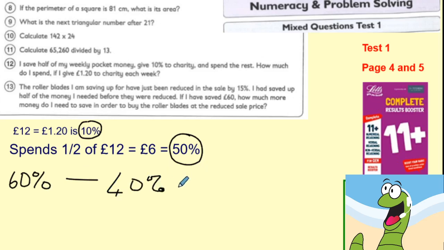So we need 40% of £12, and that equals £4.80.